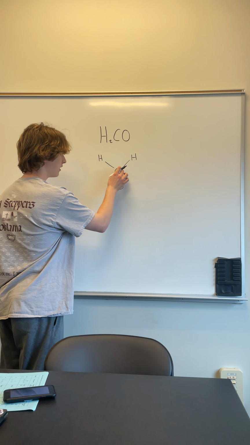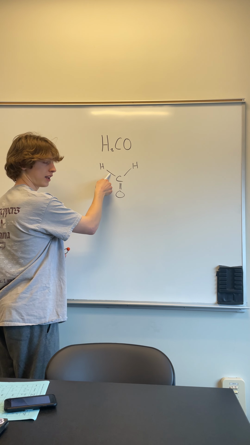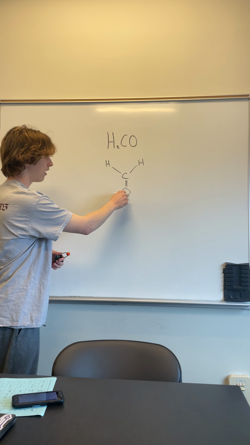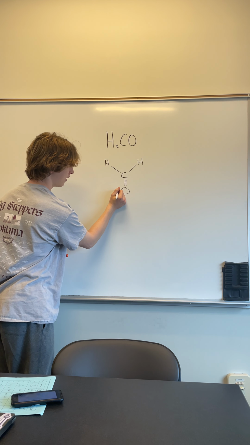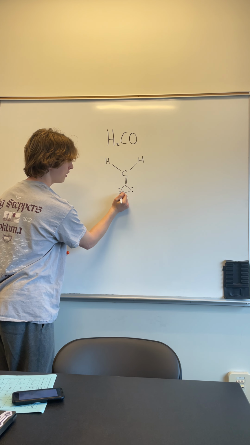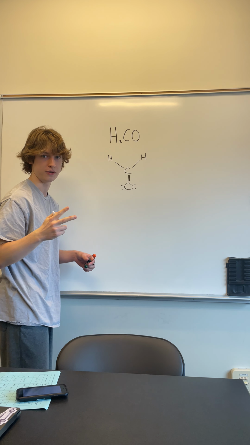So this carbon has 1, 2, 3, 4, 5, 6, 7, 8 because of the 4 bonds around it. And oxygen only has 2, so it gets 2 sets of lone pairs, giving it 1, 2, 3, 4, 5, 6, 7, 8, because each bond counts as 2.